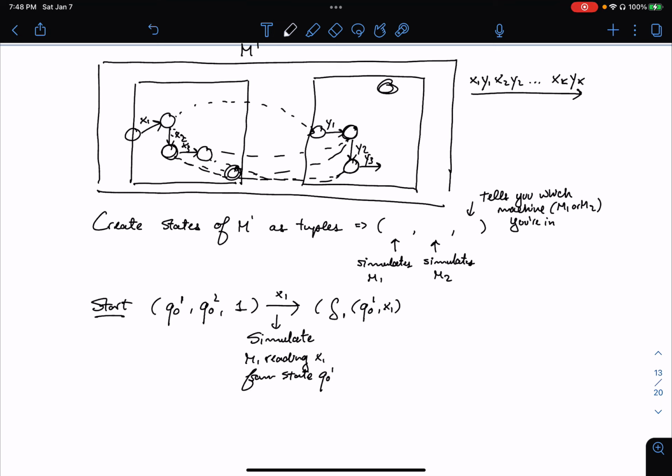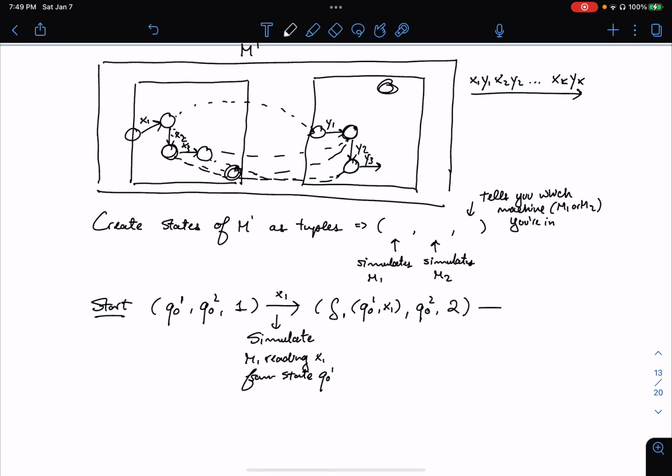I haven't simulated anything for M2 yet, so I'm still at the same state for M2, but now I switch from simulating this one to going to the other machine and simulating that one. To indicate that I've switched machine, the third element of my tuple tells me that now I'm simulating the machine M2.